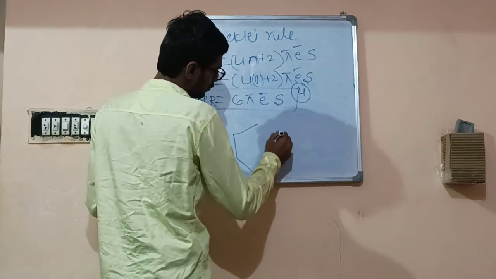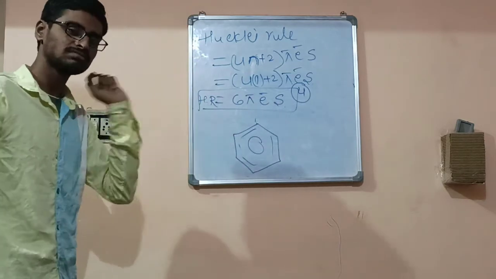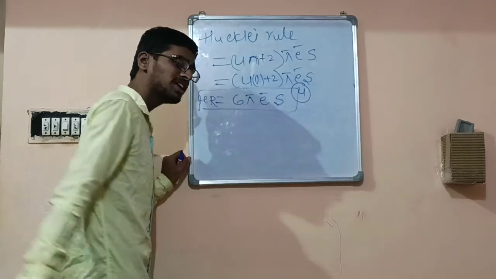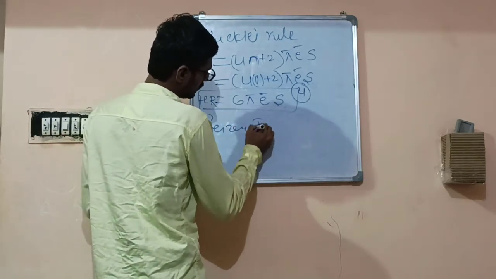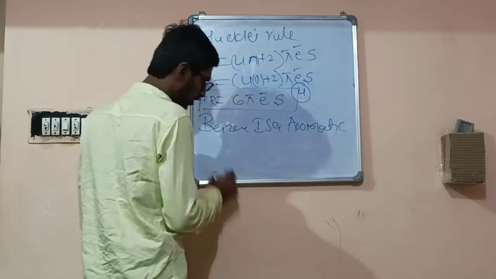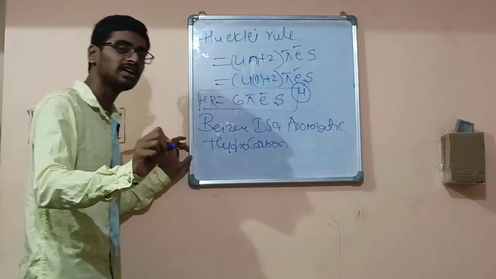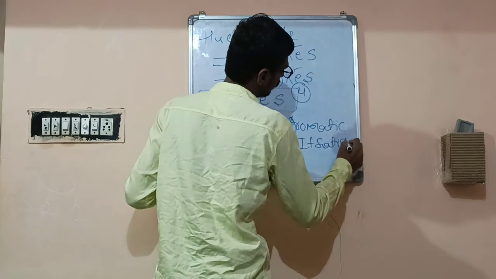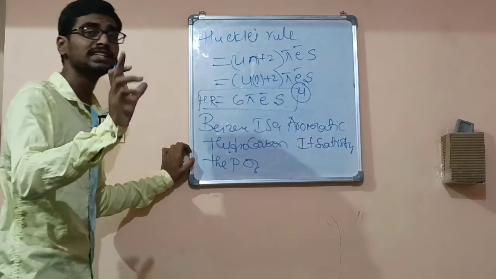Benzene satisfies the rules, and that's why it is called aromatic in nature. In other words, we can write that benzene is an aromatic hydrocarbon, and it satisfies and follows the principle of aromaticity.